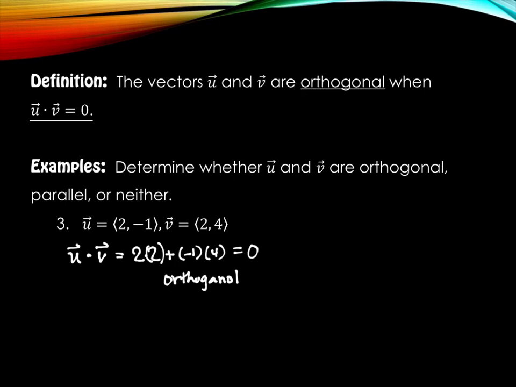I'm not exactly sure what orthogonal means. It means perpendicular. We hear the word orthogonal used instead of perpendicular though, when we're talking about 3-dimensional objects. Think about perpendicular in an XY plane.